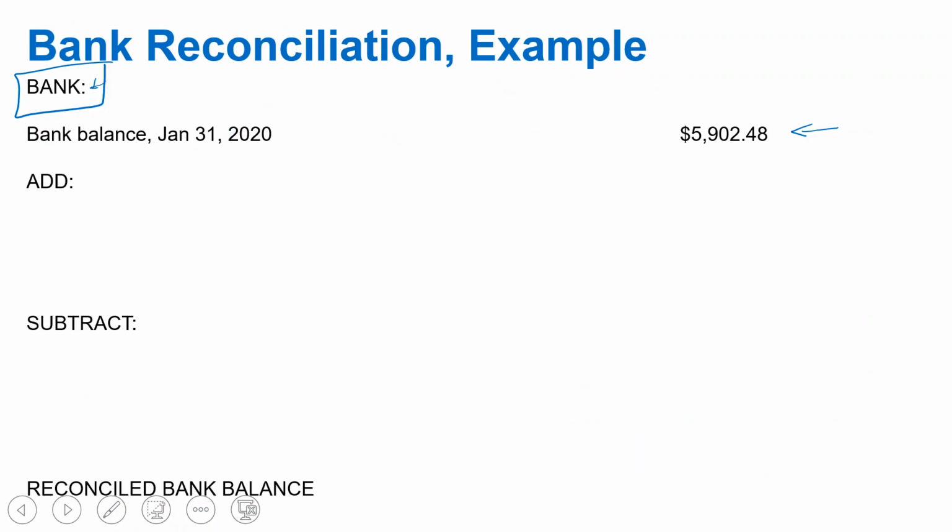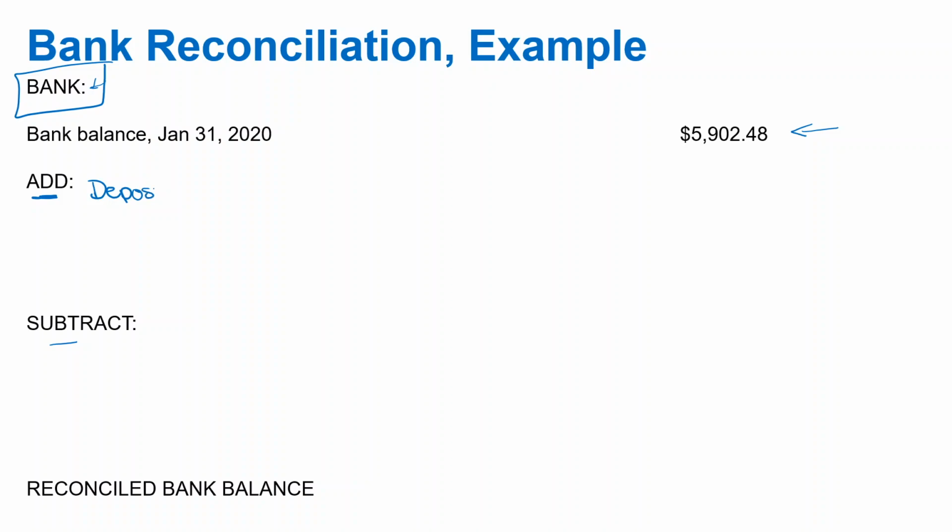And then the second question you ask is, do I add that or do I subtract it? So the deposit in transit, it has not yet been taken to the bank, but when it does, it will add or increase your bank account, and therefore we're going to put it under the add section here.